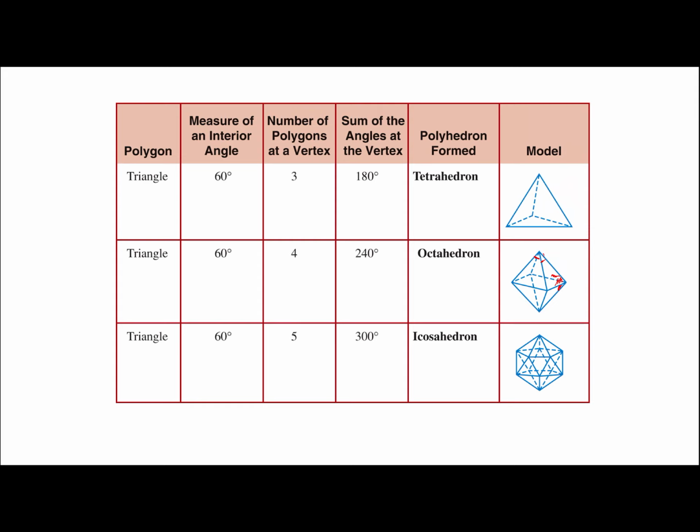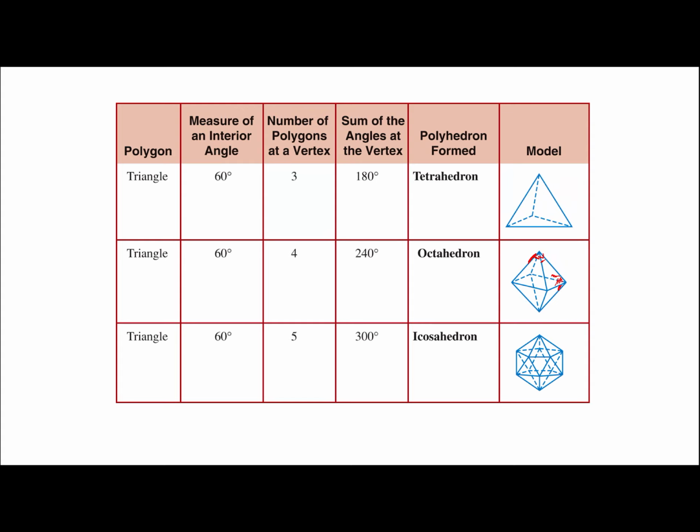You've got one here and then the one on the back side. And so you have 4 coming together. You could even see that here at the top, where you have 1, 2 on the front side, the one on the back side, and then the one on this other side over here. All 4 of those coming together. And so when you have 4 coming together, the sum of those angles is 240 degrees, and it forms an octahedron.